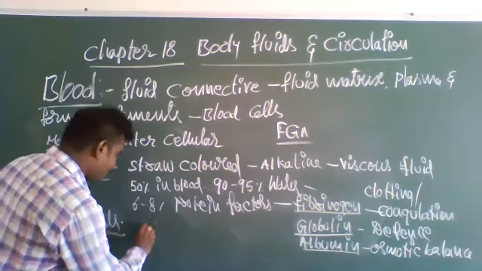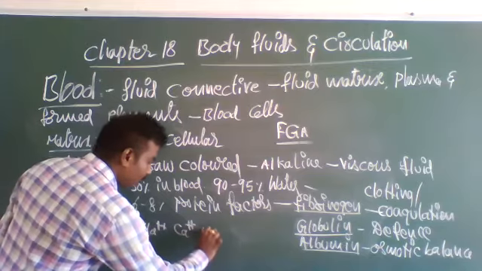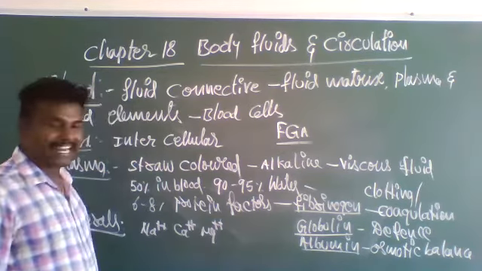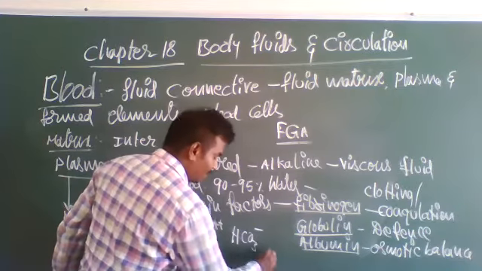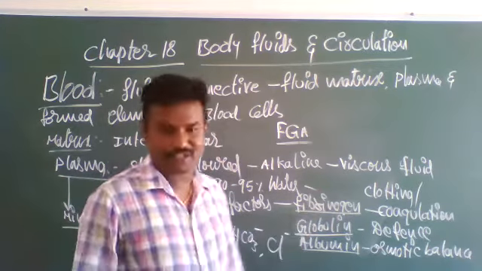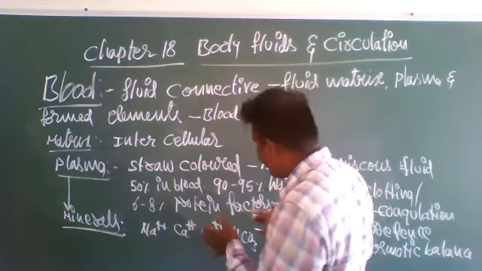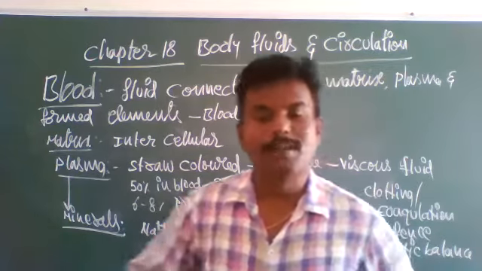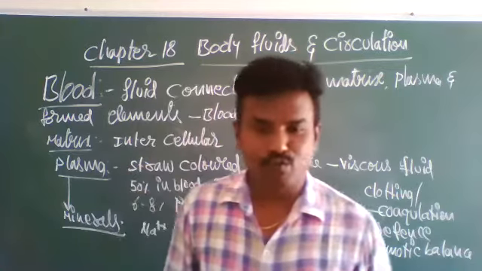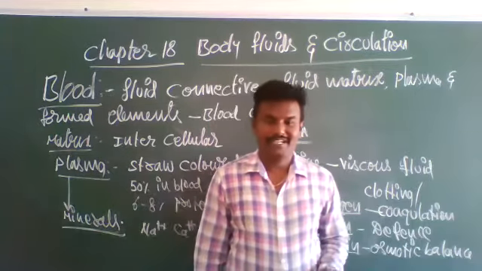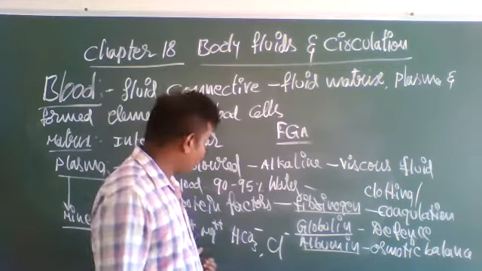Those are sodium ion, calcium ion, magnesium ion, bicarbonate ion, chlorine ion, etc. These are very important to our body. These are called minerals. If these minerals are lost, we will feel exhausted and tired often.